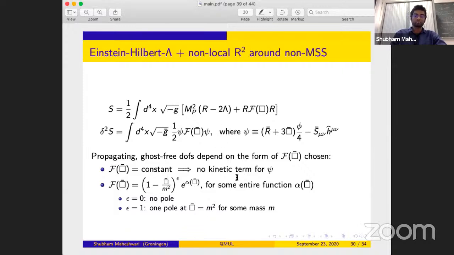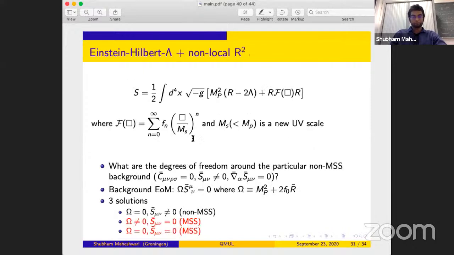At least if I impose the condition that I don't want any ghosts, then that condition itself is not sufficient to fix this mass m. But let's just suppose that there is some mass m. Then you will have just one pole at box equals m squared, and the theory is ghost free around this non-maximally symmetric background.